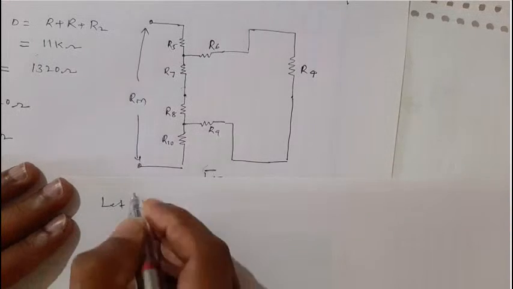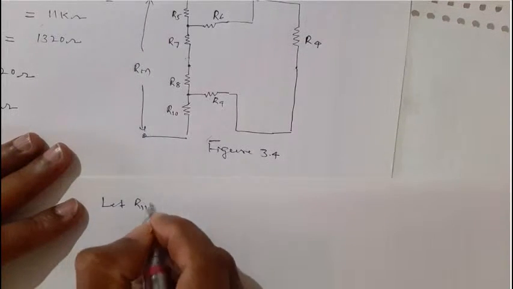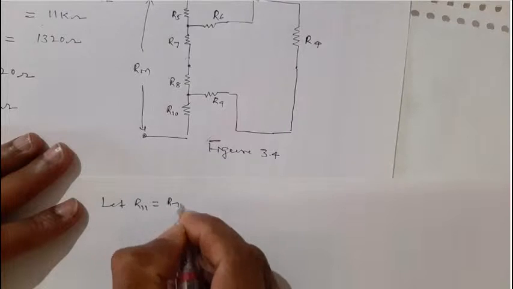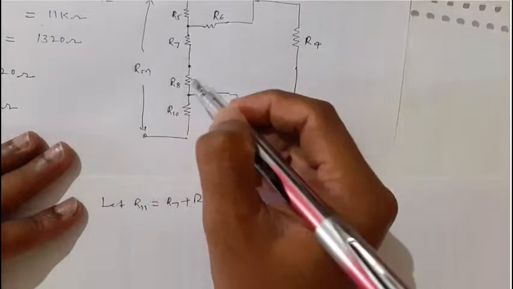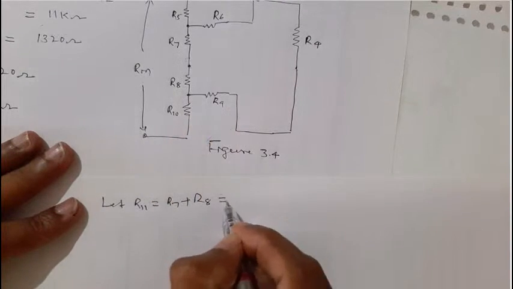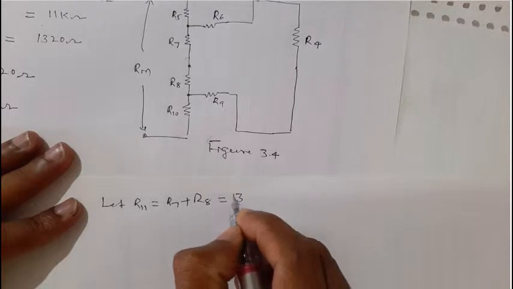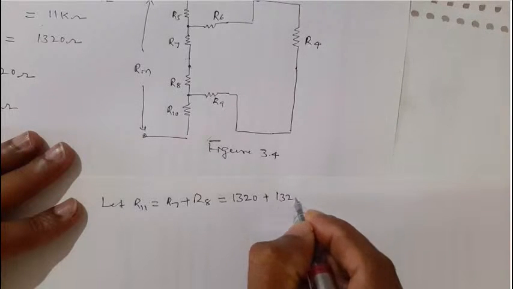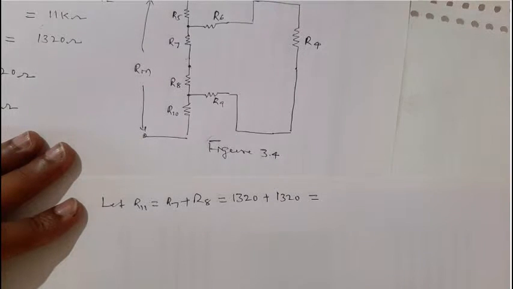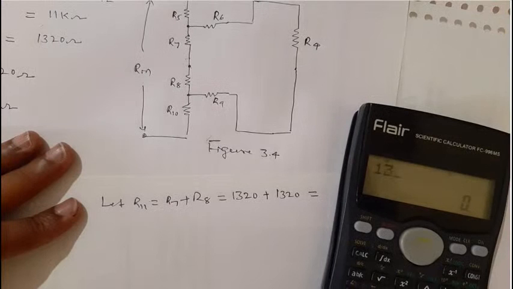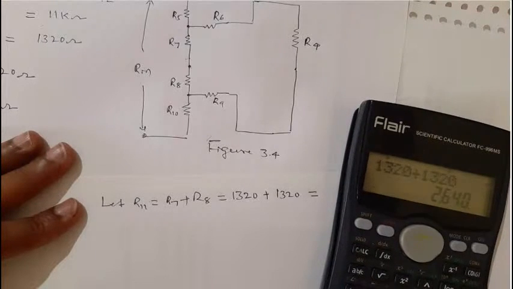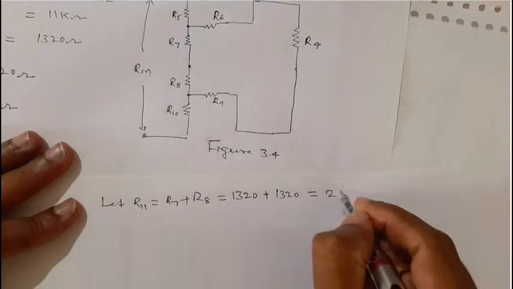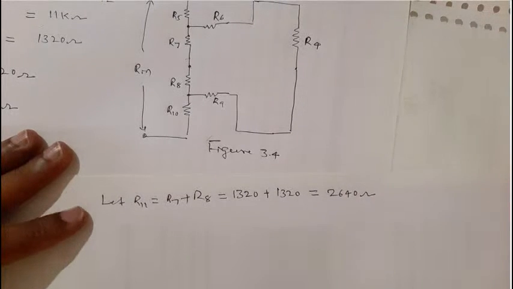Let R11 equal R7 plus R8, because these two resistors are in series. R7 is 1320 plus R8 is also 1320, which is 2640 ohm.